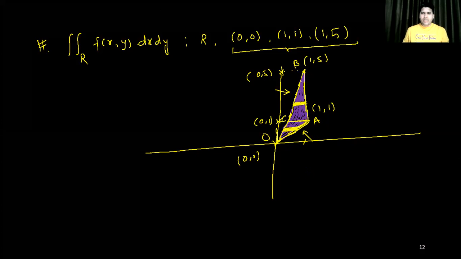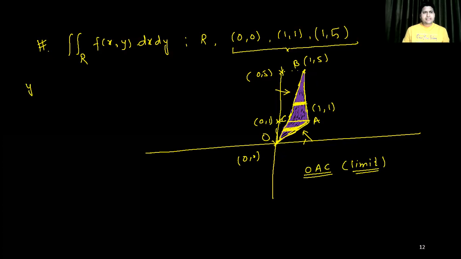Yeah. So now I'm writing the limits for the region OAC. For that, I need the equation of the line which passes through (1, 5) and (0, 0). Let us find the equation.